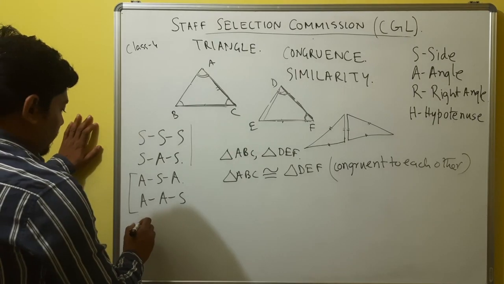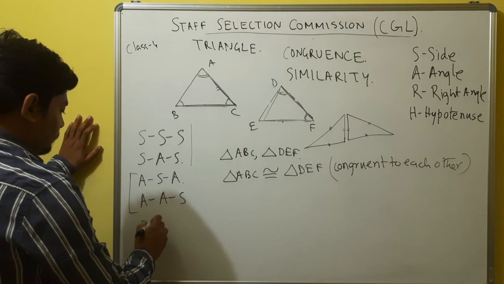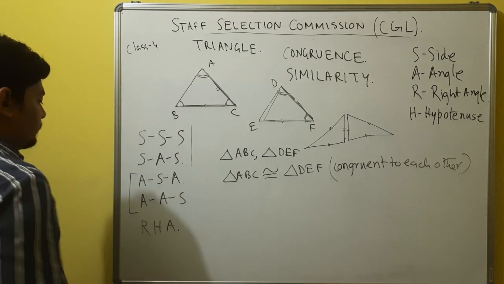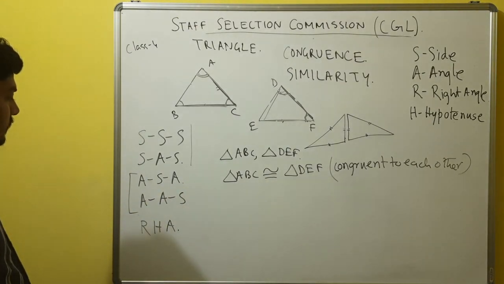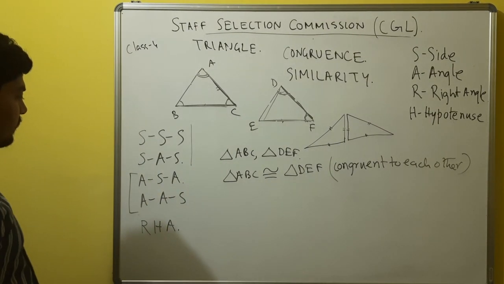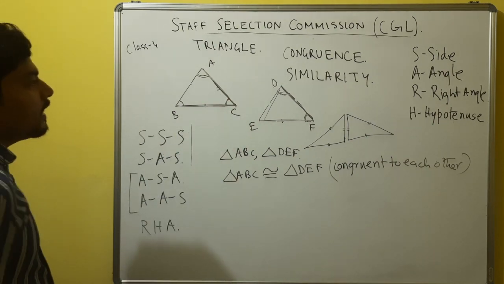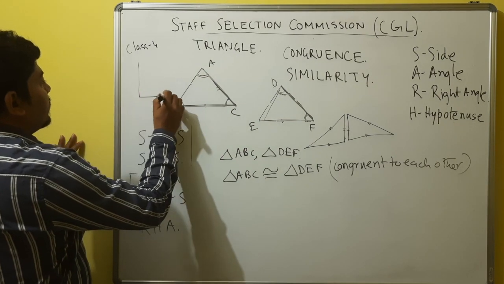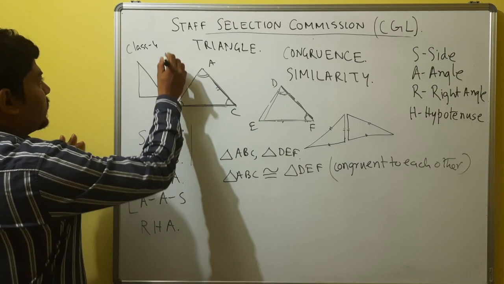Another formula is there, that is RHA. What is R? R is right angle. Okay, it is not a normal one. This is a case. Let's say we have one such angle.